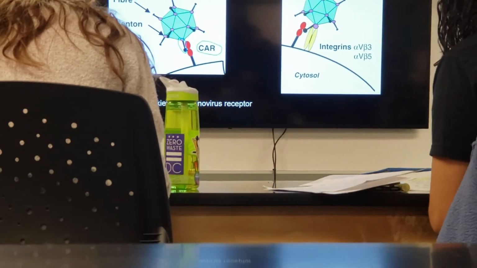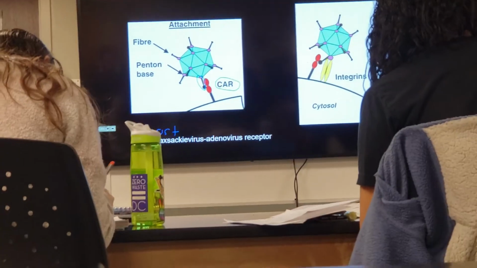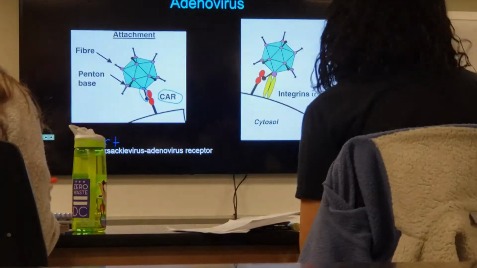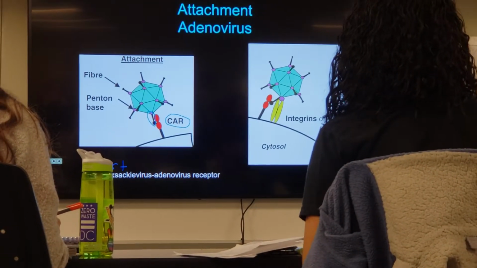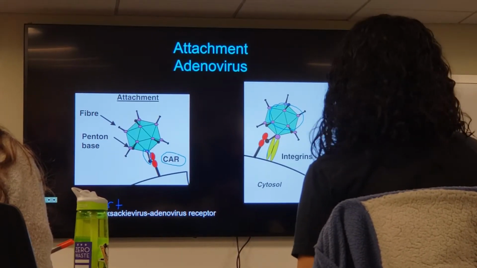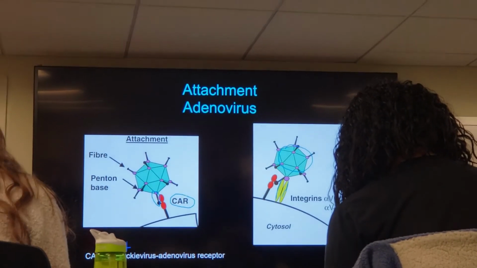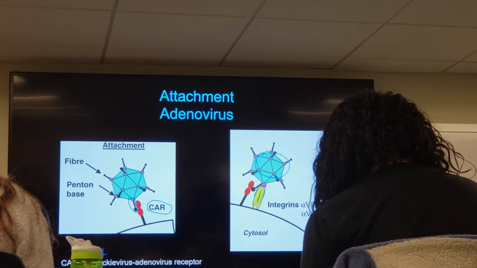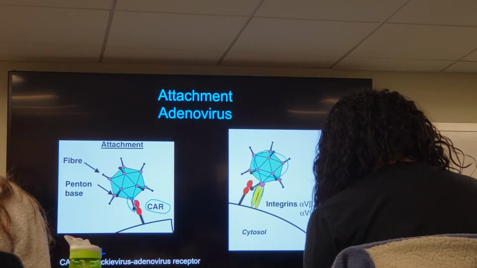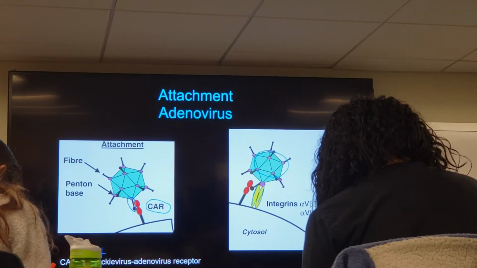So it interacts initially with the glycoprotein on the adenovirus. And then this icosahedral structure of the adenovirus interacts with integrins. So these yellow things are the integrins, which interact with the base of that virus. So you have to have both of these interactions occurring in order for adenovirus to enter the host cell.